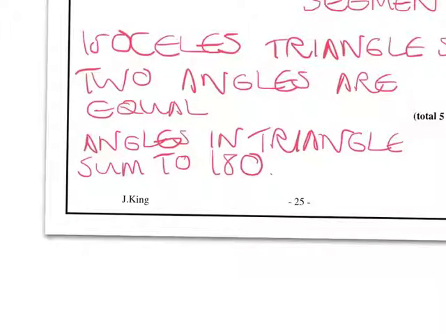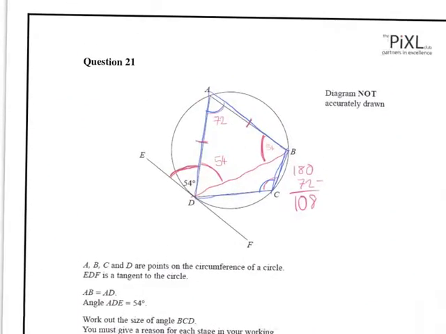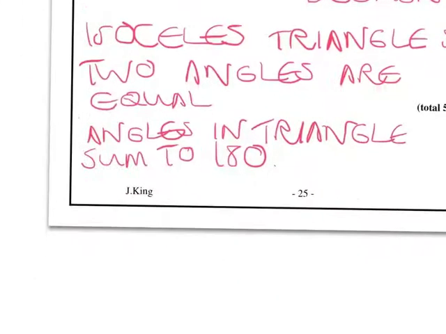And the other rule was the cyclic quadrilateral. Just look at that again, where we've got the blue line, the opposite angles in a cyclic quadrilateral sum to 180. So down here we'll do it again.